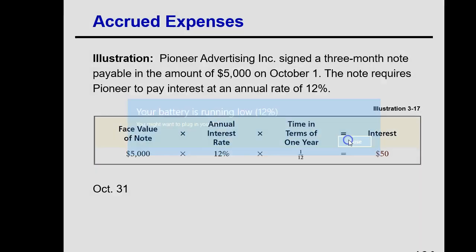So our job is to recognize how much in interest has accrued on this note by the end of the current accounting period. So the formula: take the 5,000, 12% is the annual rate, take that times 1/12, because we're only looking for the time period of 1 month. So the accrued interest on this note by the end of October would equal $50.